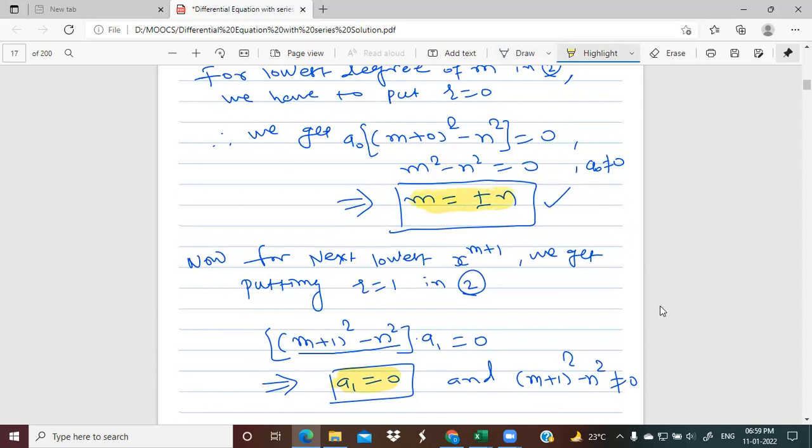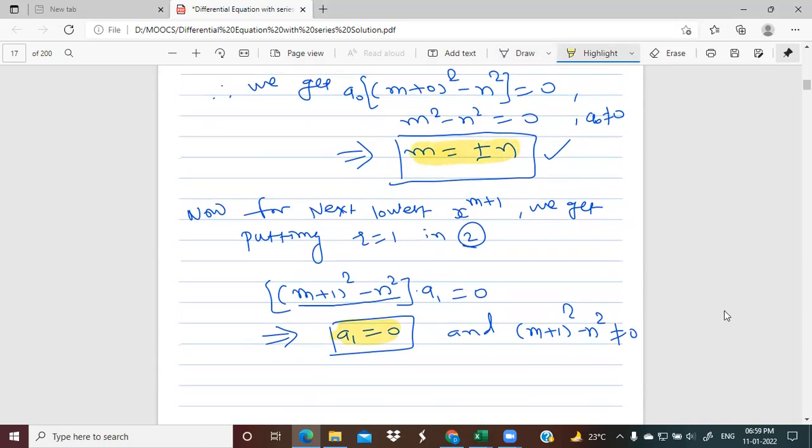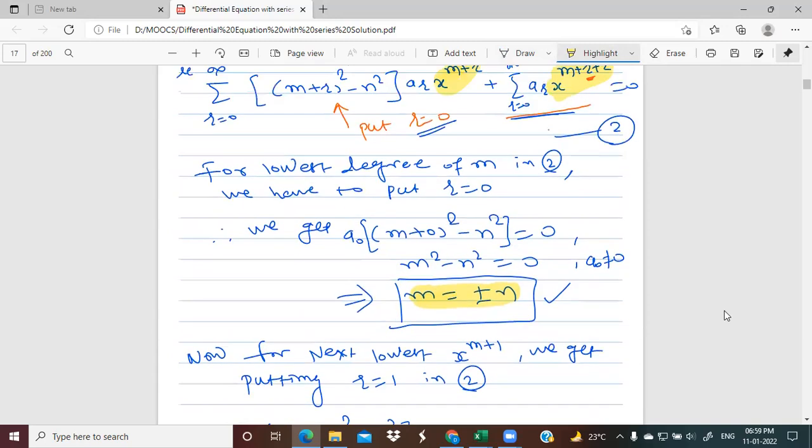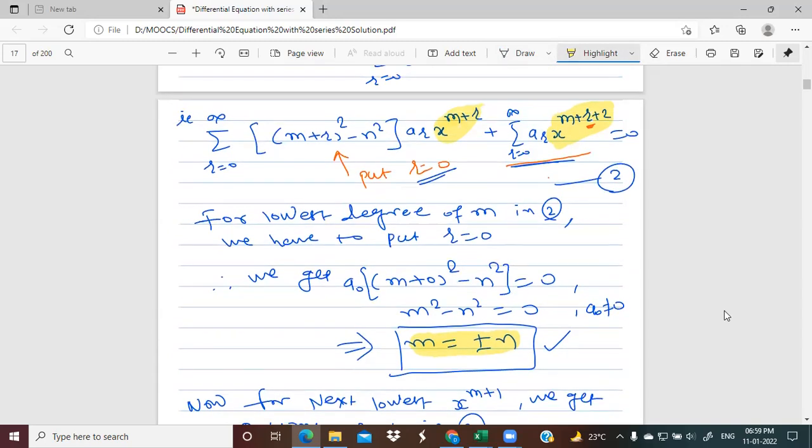Now we know that these roots are distinct. If these roots are distinct, then we know the solution of this equation also. After this, I will try to find the coefficient of x raised to power M plus R plus 2.